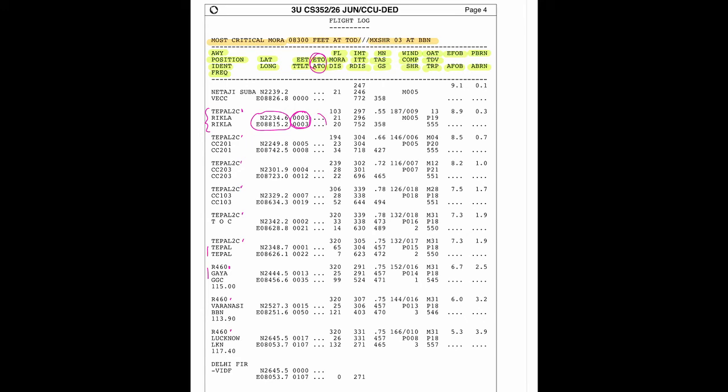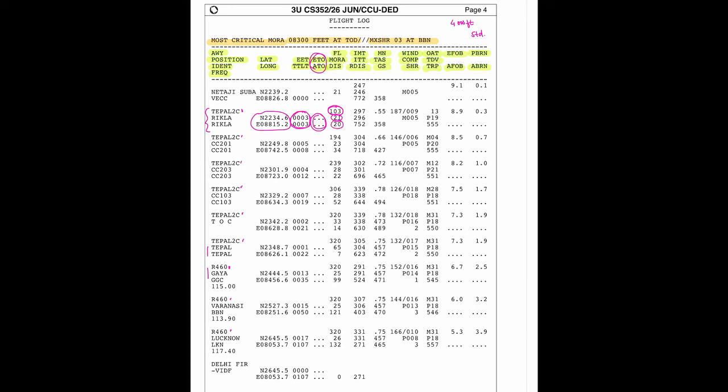ETO and ATO is when we will have a holding over there. Flight level is 103, meaning 10,000 feet. For Kolkata, I think the transition altitude is 4,000 feet, so after 4,000 feet all the barometers are set to standard. Flight level 103 is 10,300 feet above mean sea level. So MORA is 2,100 feet and the distance is 20 nautical miles.